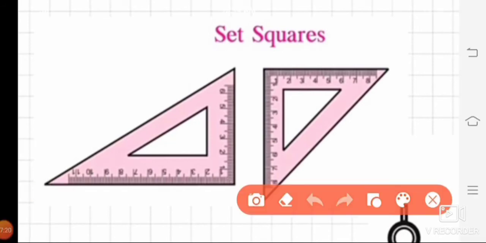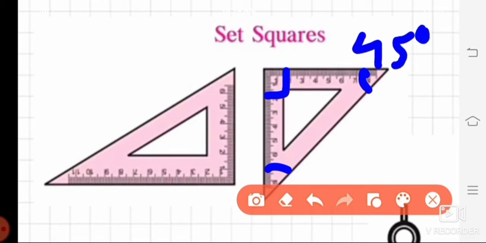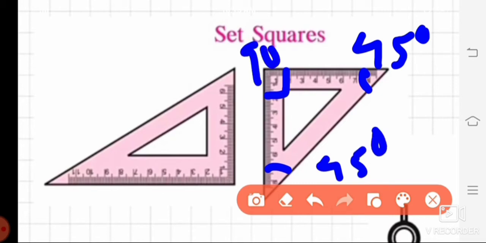So we have already studied that this angle here is 90 degree. Now let us study this angle and this particular angle. The measure of these other two angles is, children, 45 degree. And this one is also 45 degree. And this is 90 degree.